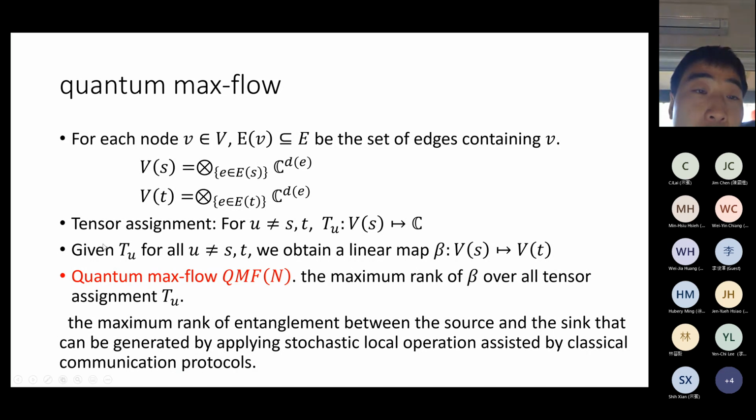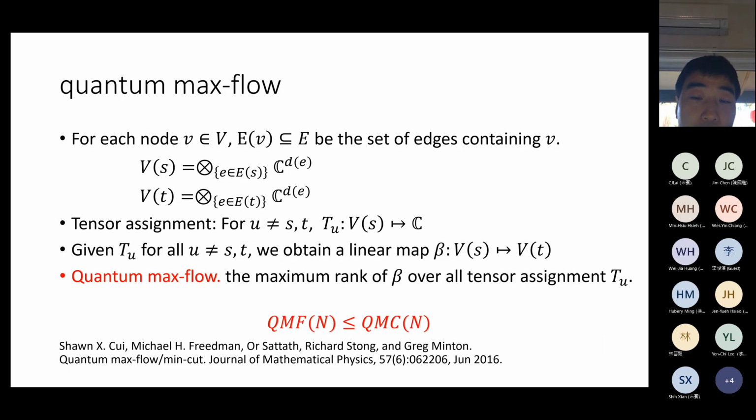Because you can see any tensor assignment in the middle at any vertex U is nothing but applying some local operation and then dropping the system. And in the paper by Cui, Freedman, Sattath, Stong, and Minton, they show that, similar to the classical case, quantum max flow is always smaller than or equal to quantum min cut.